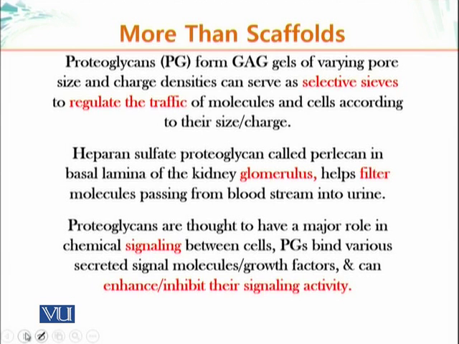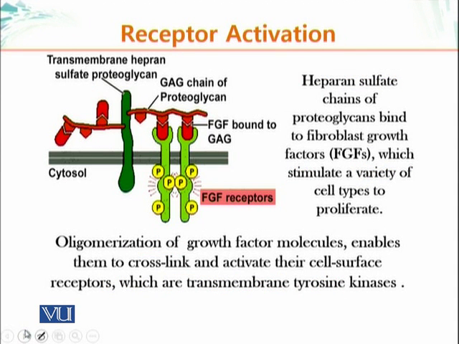For example, proteoglycans can bind various secreted signal molecules and growth factors, and this binding can either enhance the signaling ability of these ligands or inhibit their activity. We'll look at some very specific examples in a later module, but I just wanted to explain some of these things in this module also.